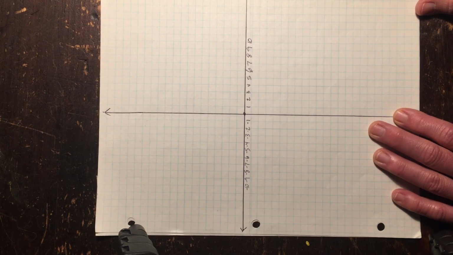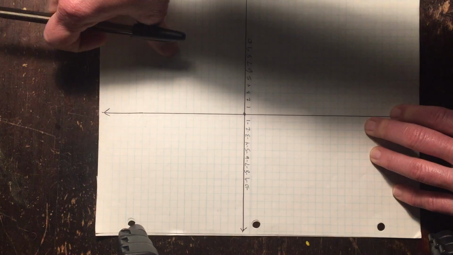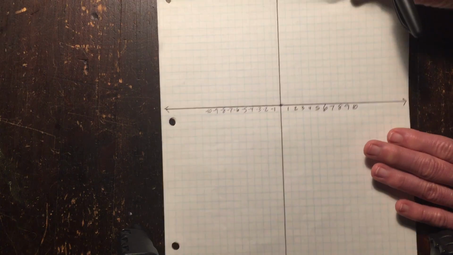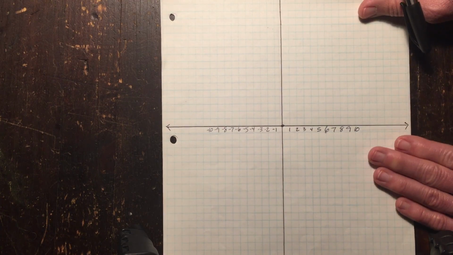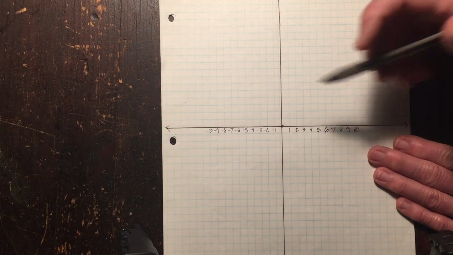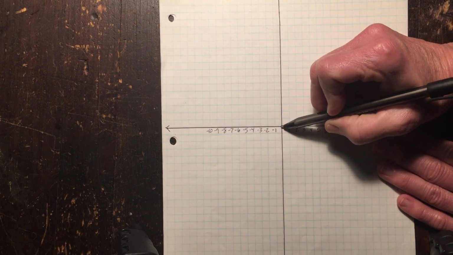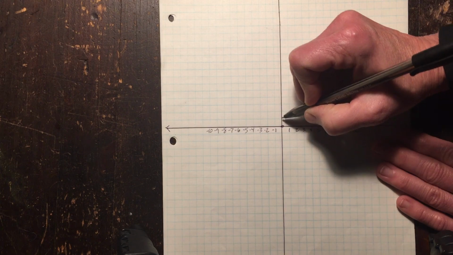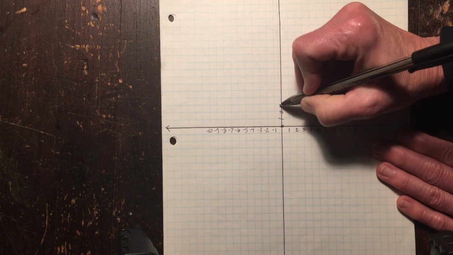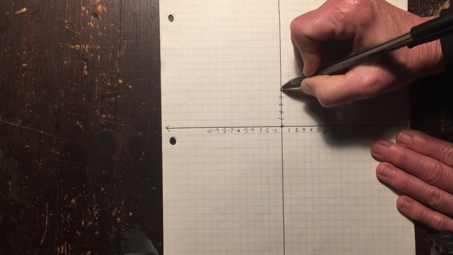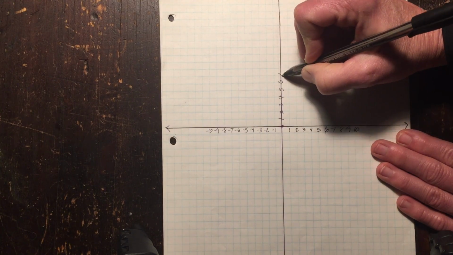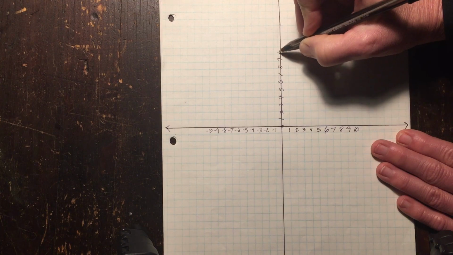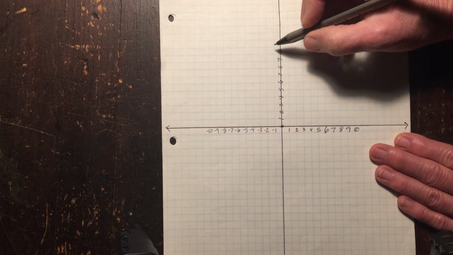Now on the y-axis, we would do it as if we were going to rotate our paper 90 degrees clockwise, and we would do the same thing. So this is the origin, 1, and I'm going to write it right on the y-axis. 1, 2, 3, 4, 5, 6, 7, 8, 9, and 10 on the lines themselves.